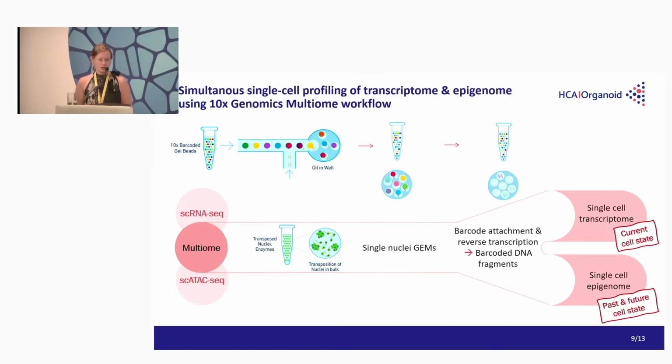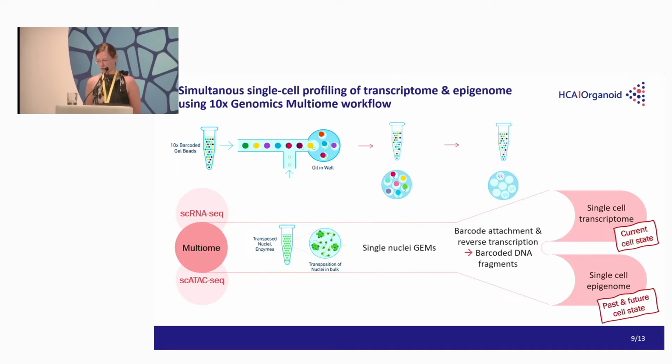On the sequencing aspect, as mentioned, we are using the multi-omic approach that allows us to simultaneously profile transcriptome and epigenome from the same cell. The starting material for this is a nucleus suspension, which gets transposed in bulk, and then, using the 10x Genomics platform, these transposed nuclei are fed into a microfluidics device to generate a gel bead emulsion that allows single nuclear barcode attachment.